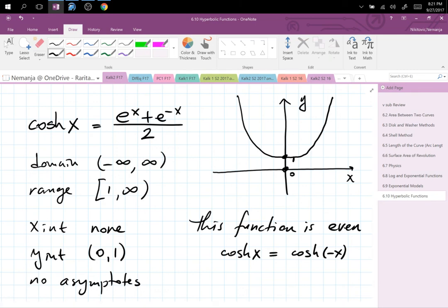Does it matter radians or degrees for this calculation? And the answer is no. Radian and degree are only important for your trig calculation. You're not dealing with angles. These are not periodic functions. They have nothing to do with angles.